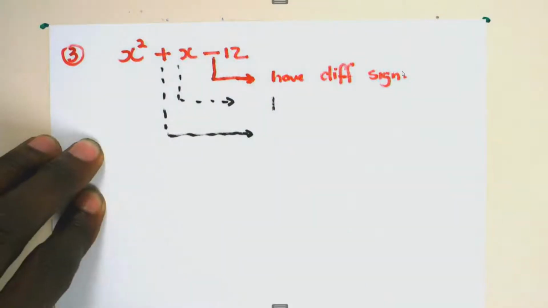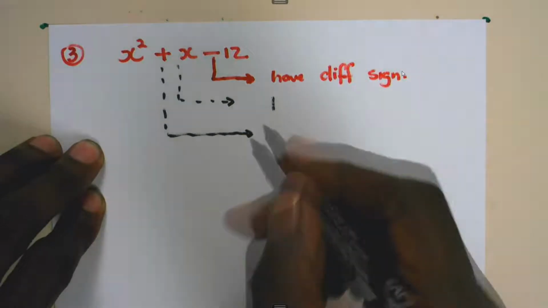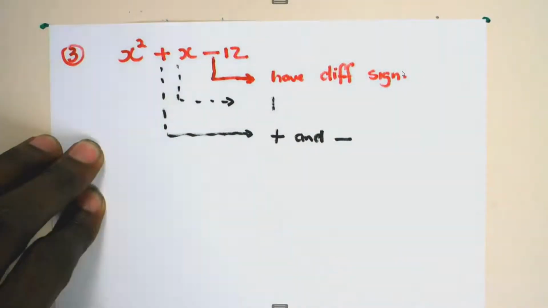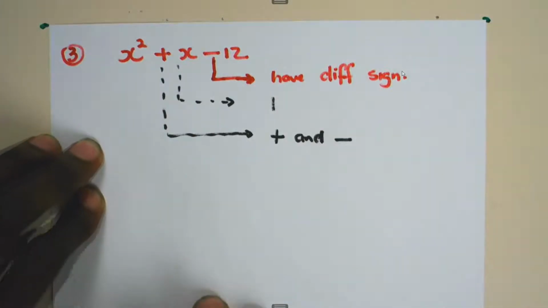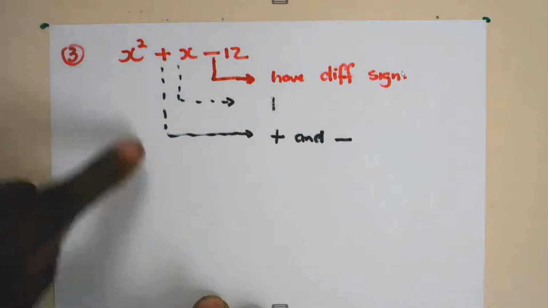The positive sign there means it can be positive or negative because the signs are different. It will depend on which factor you have subtracted to get the positive sign.